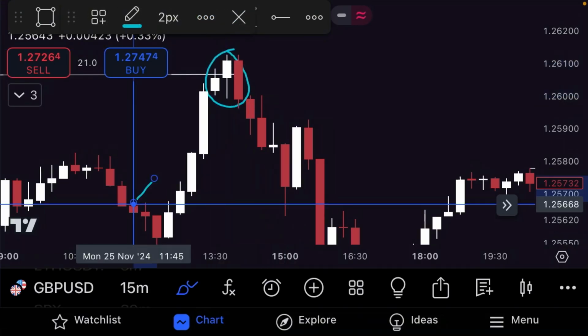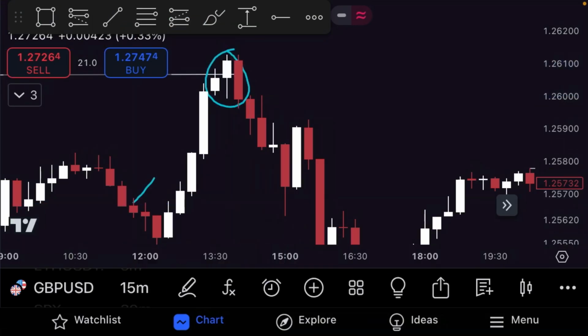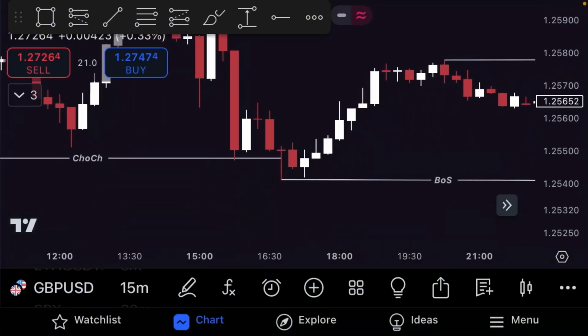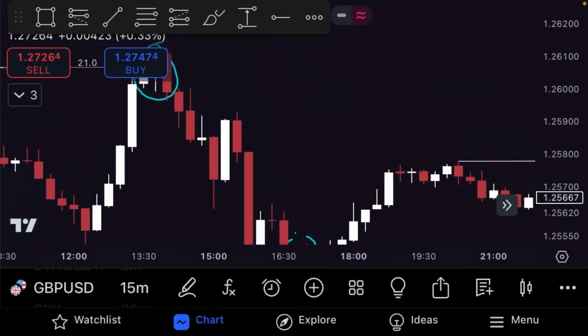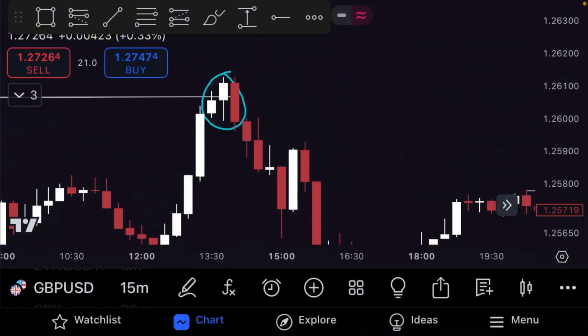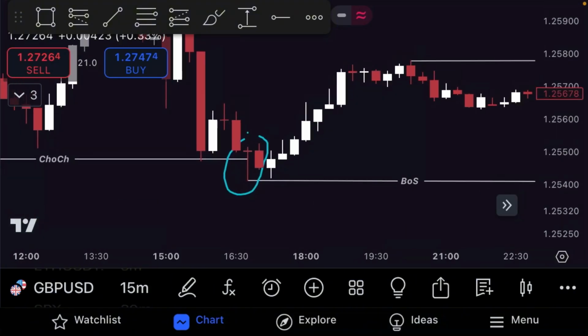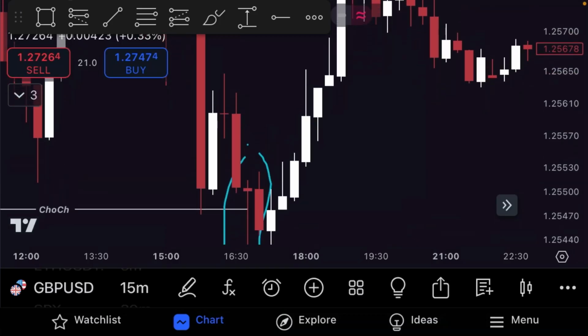But when it comes to a bearish retracement, we're looking for the ones above it. It's just an inverse move. Bullish below, bearish above. It's very simple. So we're looking for the candles above it.